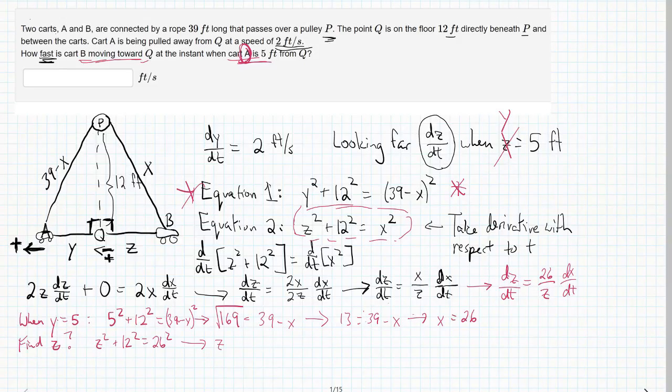This gives us z equals the square root of 26 squared minus 144. And you can leave it as that if you'd like. If you wanted to, you could figure out what 26 squared is and then get your answer. I believe, what is that, 676 maybe?